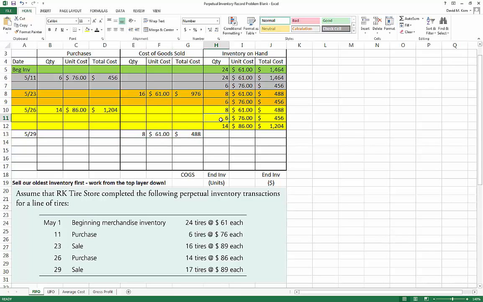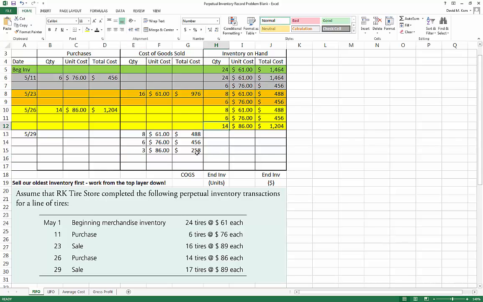Then we have 6. We still don't get to the 17 we are selling, so we got to do 6 at 76 or 456. And notice that we are still 3 shy. We only have 14 here, so we got to take 3 from this layer. 3 at 86. 3 times 86 comes out to be 258.